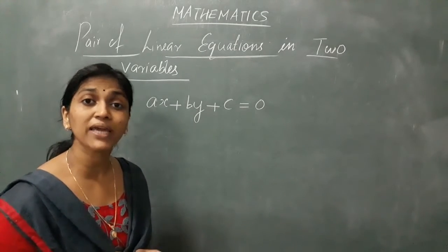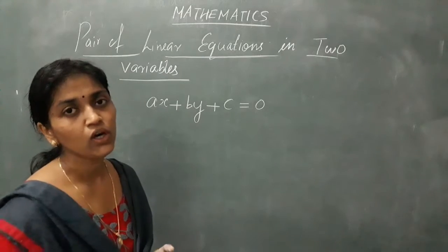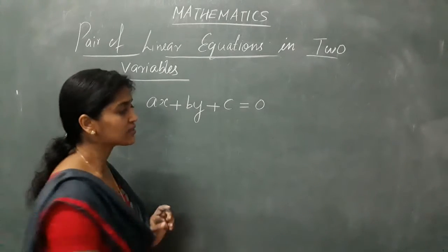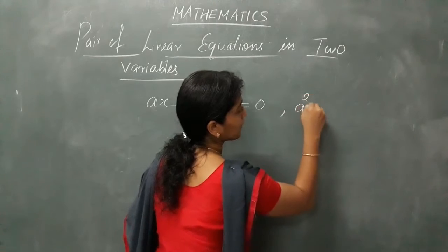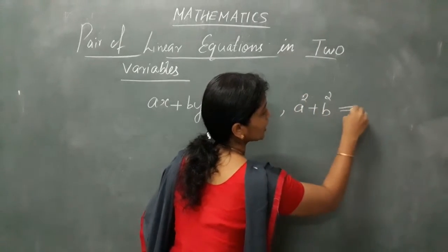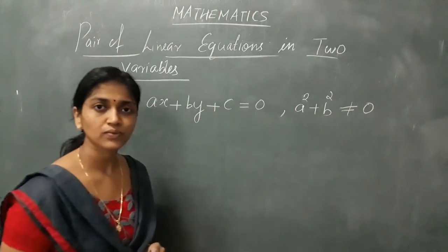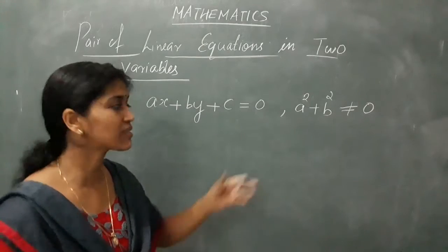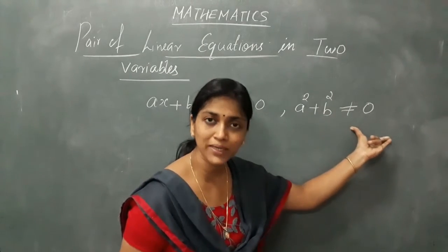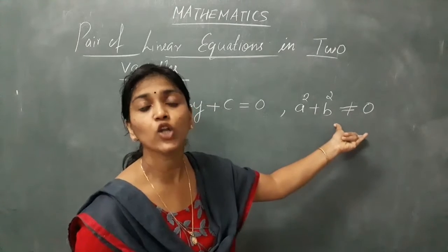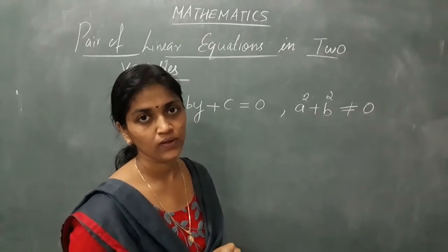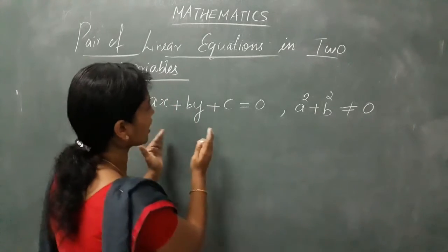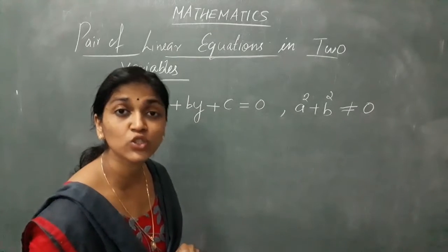So a and b are not both 0 is also denoted as a square plus b square not equal to 0. So a square plus b square not equal to 0 means a and b are not both 0. Clear? So this was the general form of linear equations in two variables.